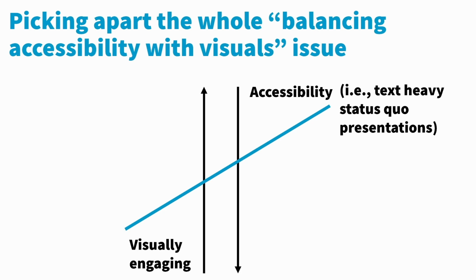So really, they're putting text at the opposite end of visual, but talking about it in the context of accessibility. So that's what's happening here. Accessibility is getting equated with the text-heavy slides known as the status quo.